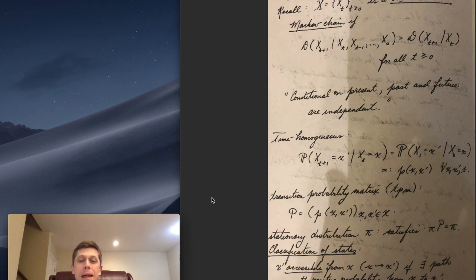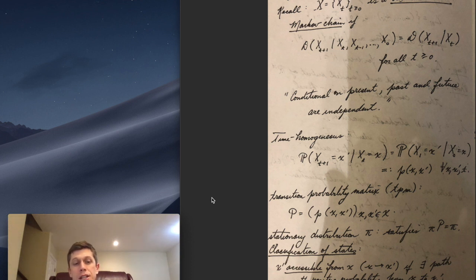If there is a path that has positive probability, so we can go from x to x1 to x2 to x3 to x4, so on and so forth, to x prime, a finite path such that each transition has a positive probability of happening. And since each transition has a positive probability, the entire path has a positive probability. So there is a positive probability once I visit state x that I'll eventually visit state x prime.